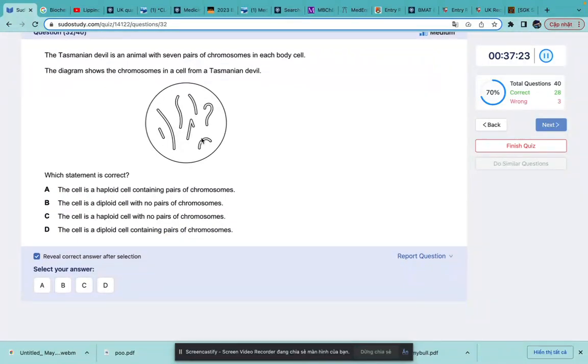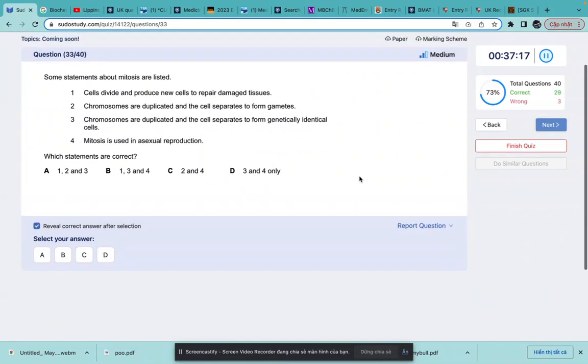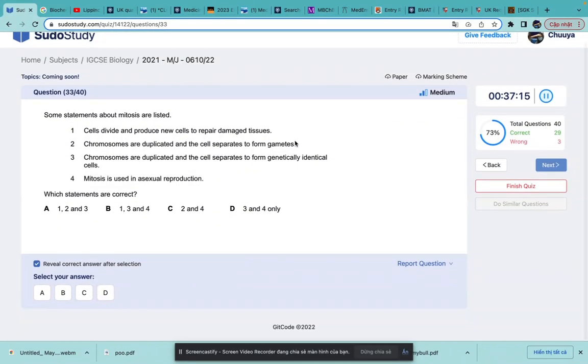Okay, this one is a haploid cell containing no pairs of chromosomes. Cells divide, yes. Mitosis, yes. 1, 3, 4. They don't produce gametes.